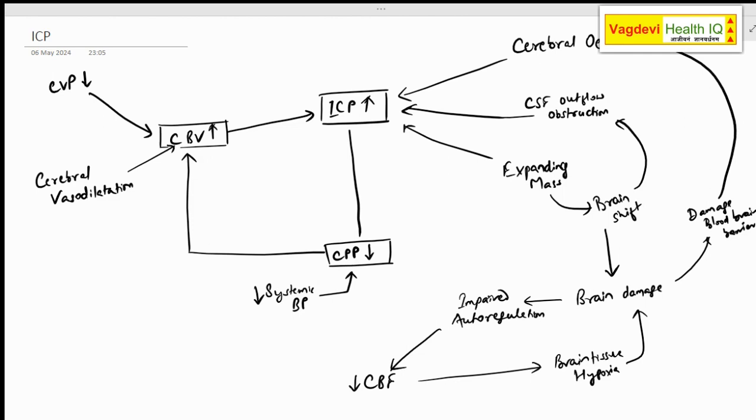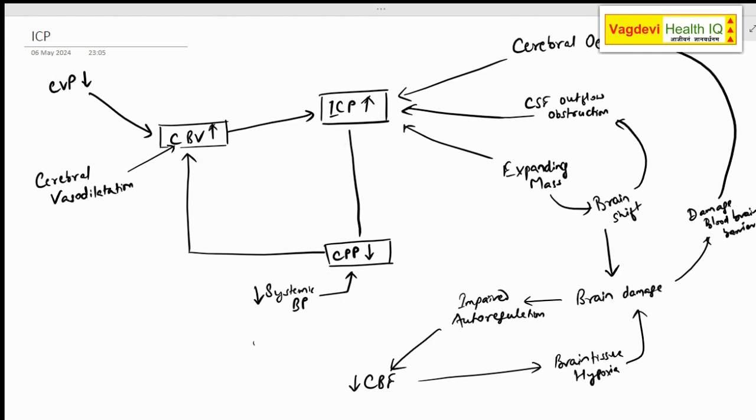So if systemic BP itself is low, it will cause low CPP. Now suppose systemic BP is 160 and ICP is now increased to 40.